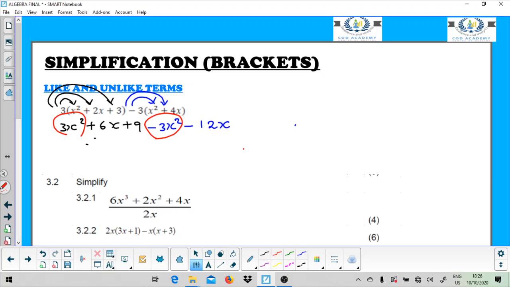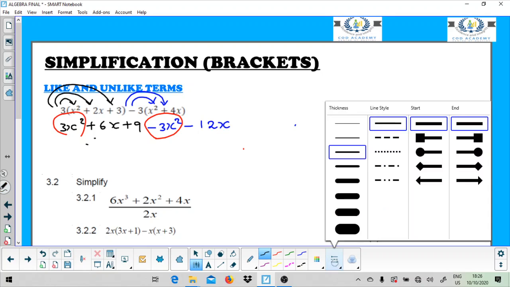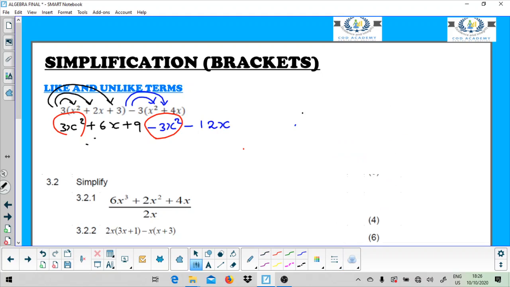Now we also have things that have x on them, and which ones are they? We have this plus 6x, which is over here, and then we have this minus 12x, which is over there. So plus 6 minus 12, we have two different signs. You take the sign of the bigger number, which is negative, and then you say 12 minus 6, which is going to be 6.